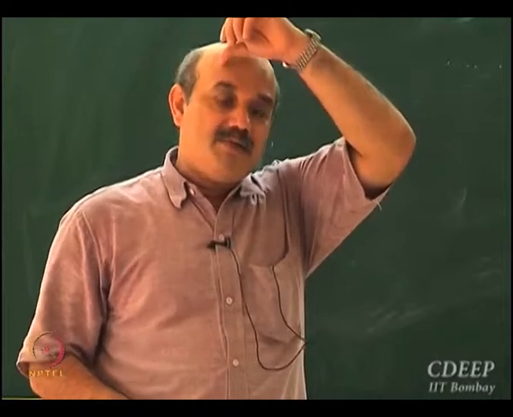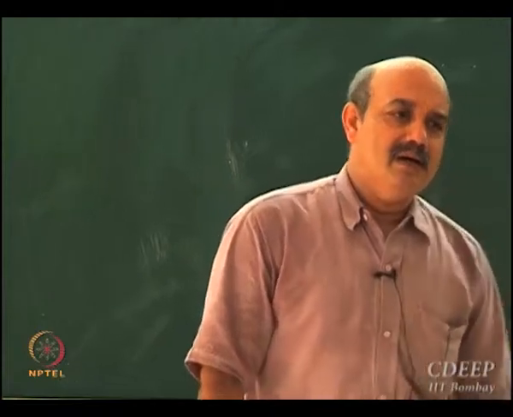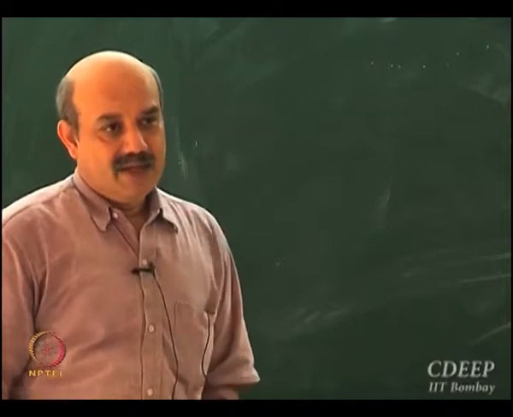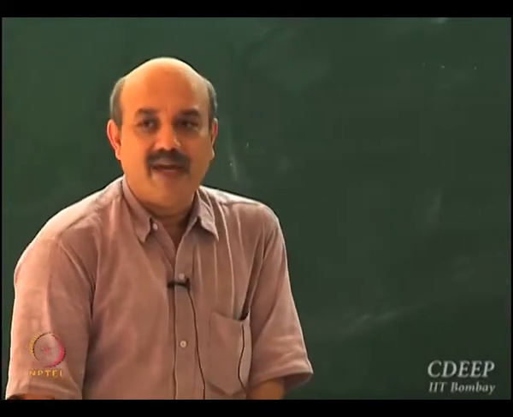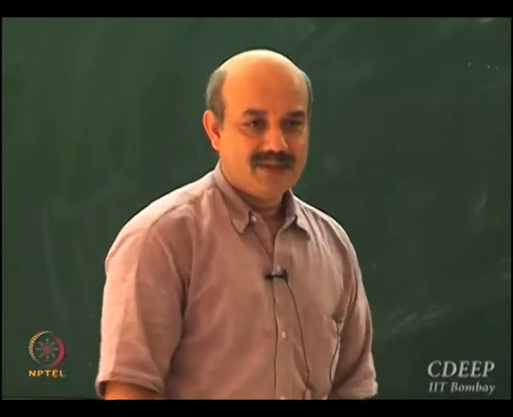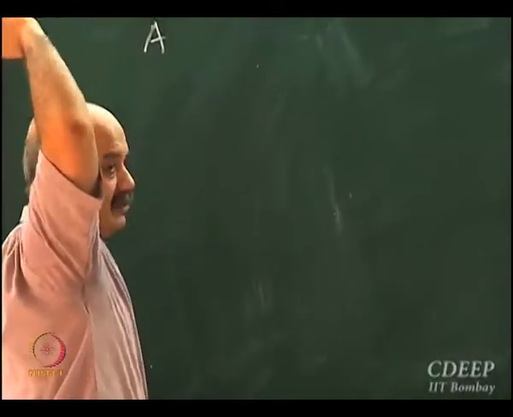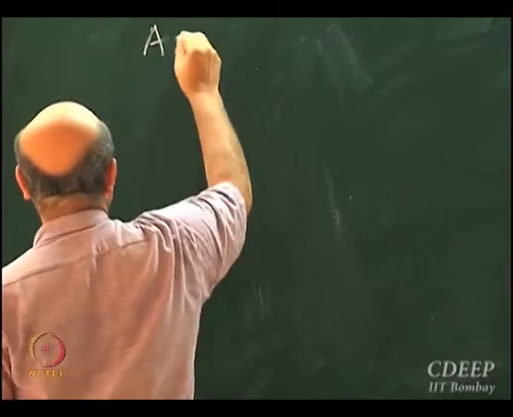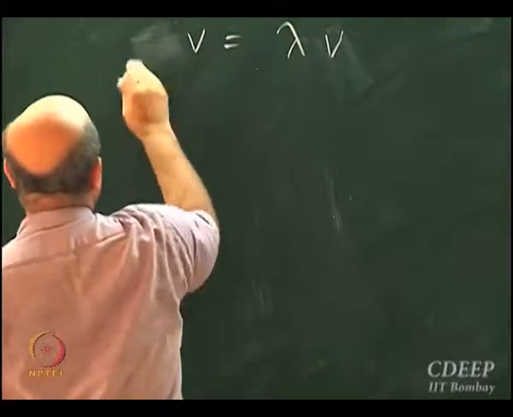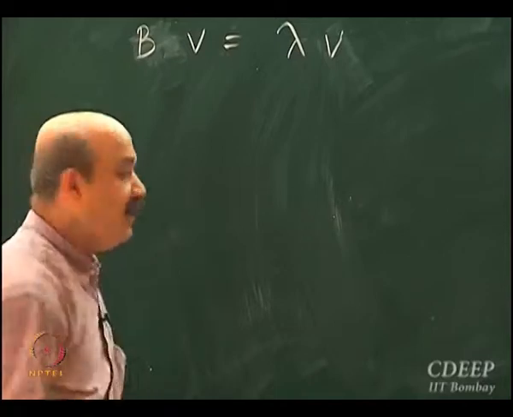Use a fundamental relationship. If you are given a non-singular matrix, is there a relationship between its eigenvalues and the eigenvalues of A inverse? See, if A is an invertible matrix, with no zero eigenvalue, then take B here because we are talking about A transpose A. BV is equal to lambda V, right?